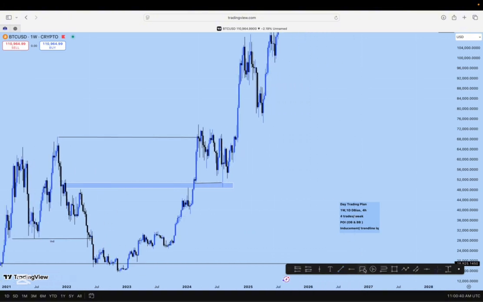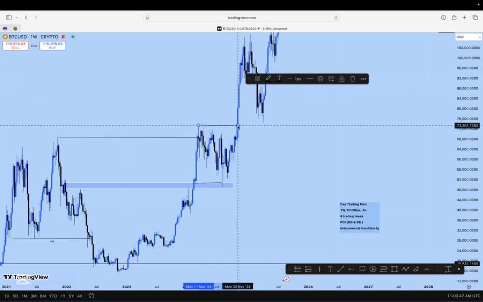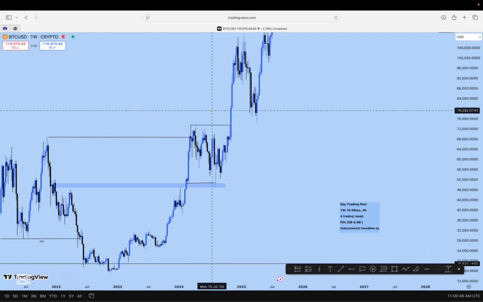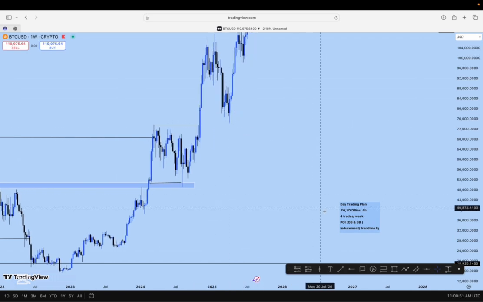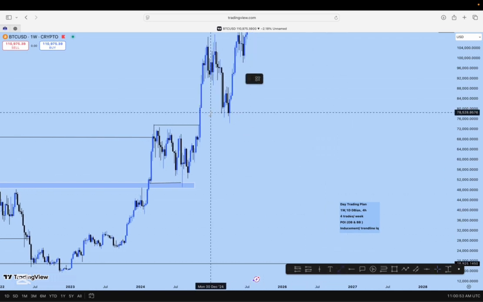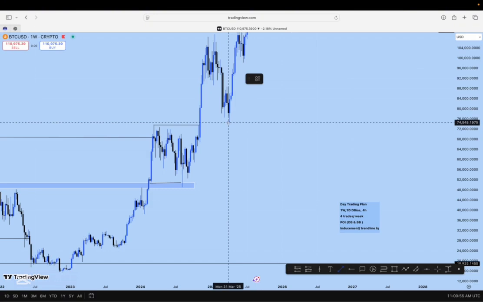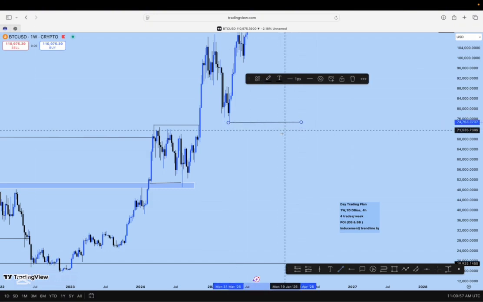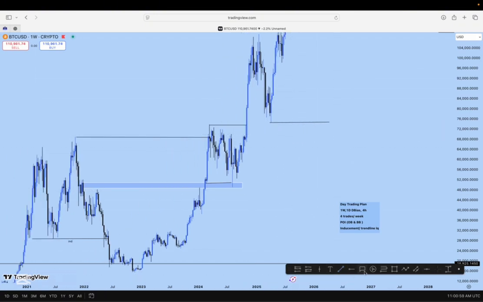So now we've broken this high. This is the breakout structure we have, and we've not had any breaker block mitigation. So now this becomes the inducement. This becomes the inducement, and expect a breaker here.